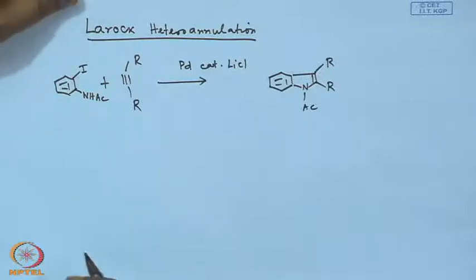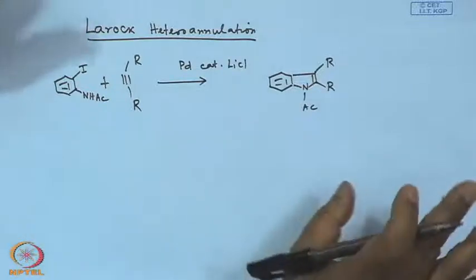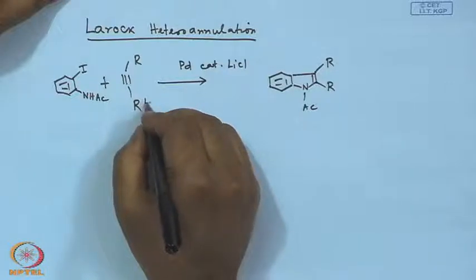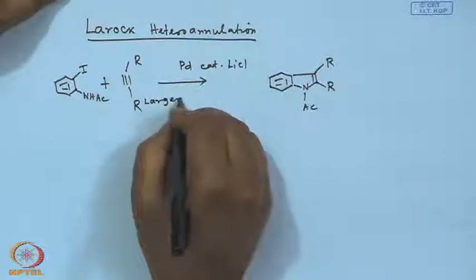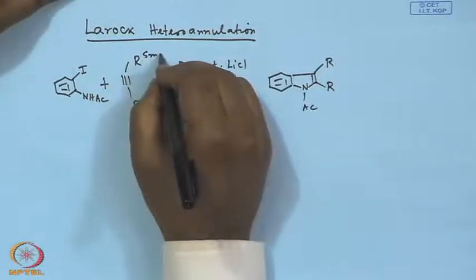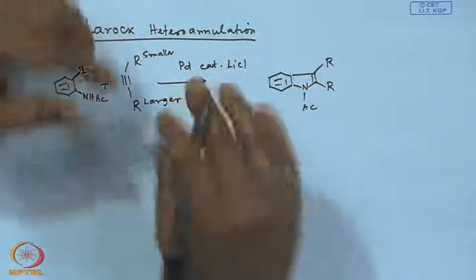Fine. Now, that means if you have a symmetrical alkyne, there is no problem, but let us say if you have two different groups, one is large and of course the other is smaller, then you will have different problems. The 2 position could be with the larger one, the other could be smaller. So, you have a possibility of regioisomer formation. Okay.